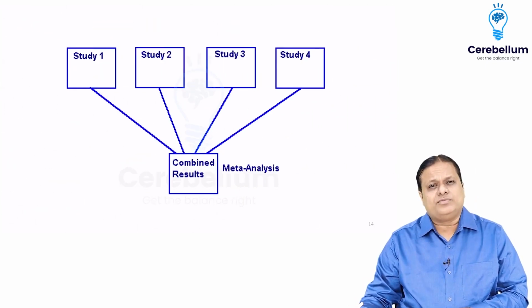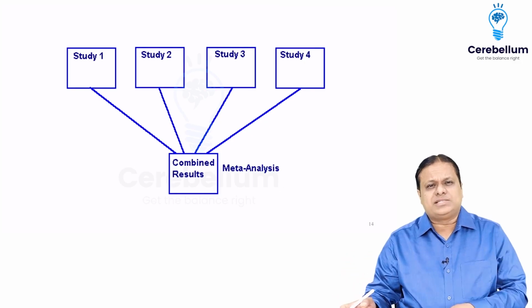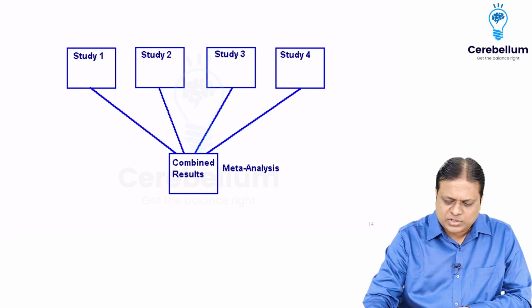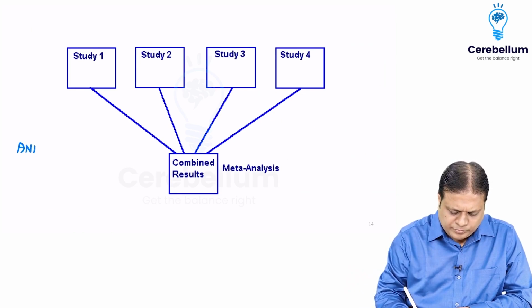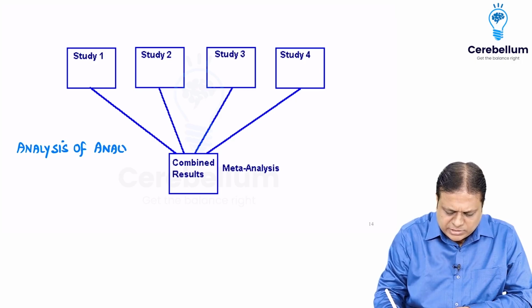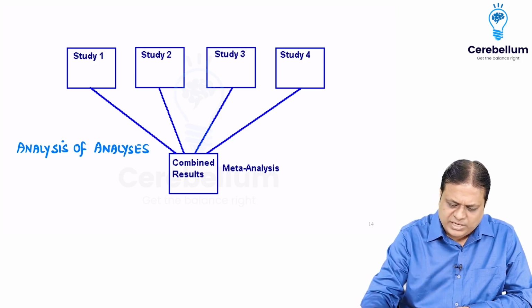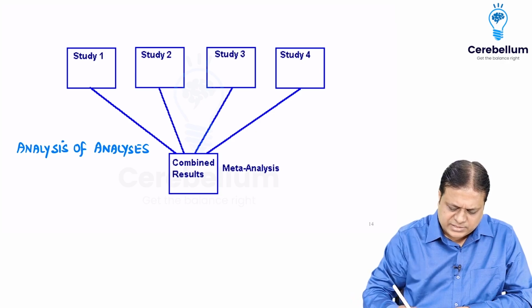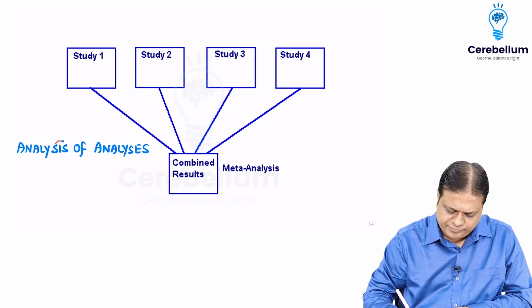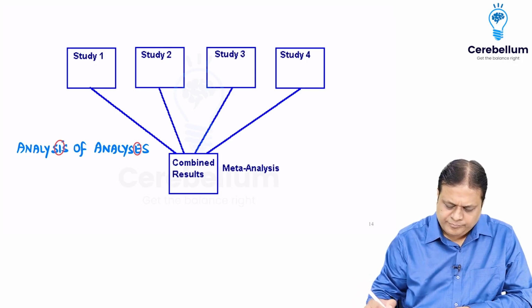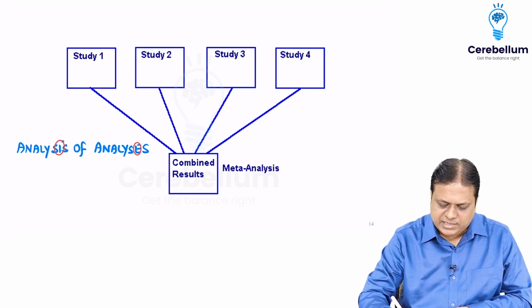This is a type of, yes, multiple studies are analyzed together. So can I say this is a sort of analysis of analysis? Very right, this is mainly, yes, meta-analysis.